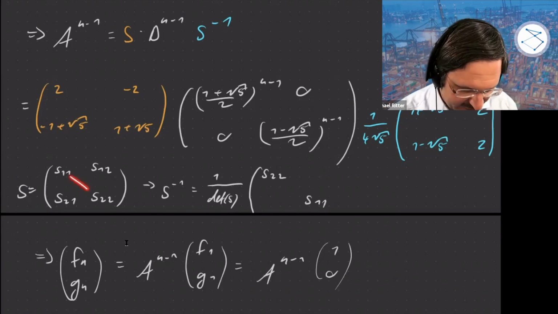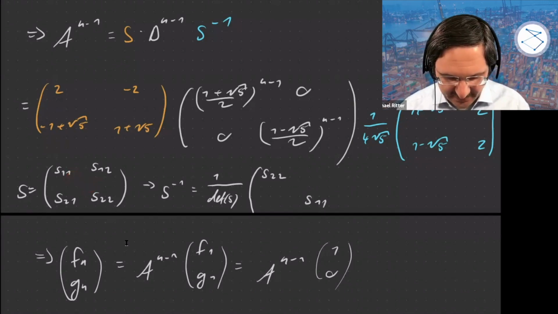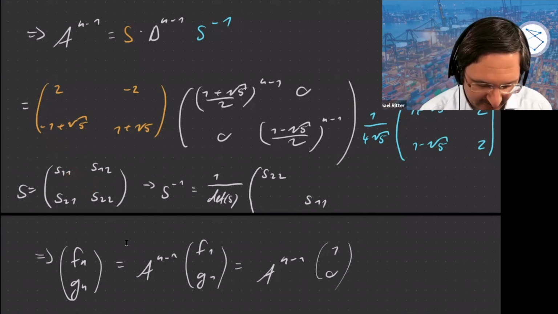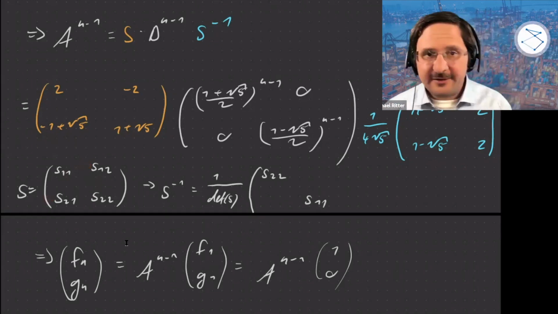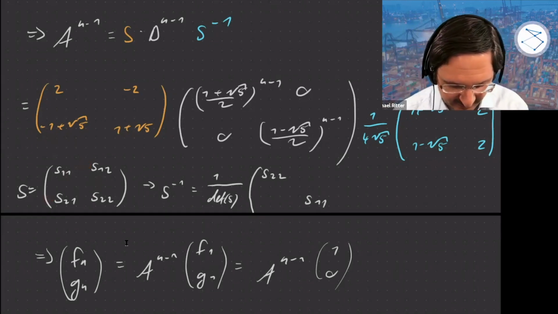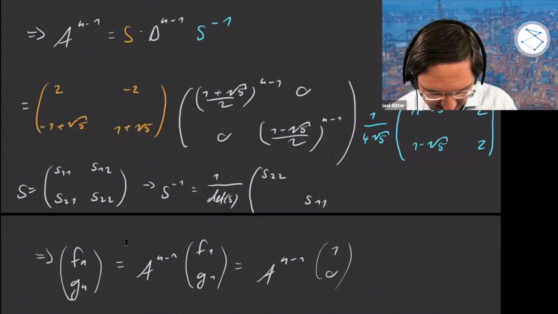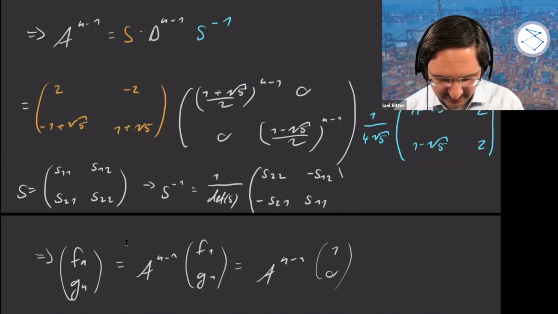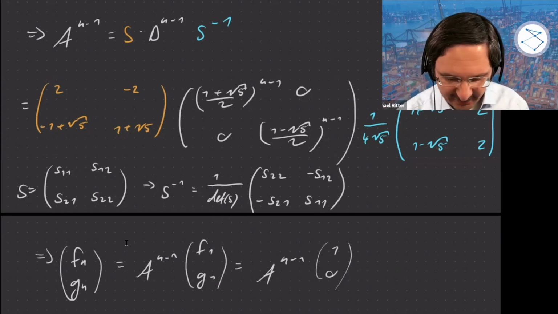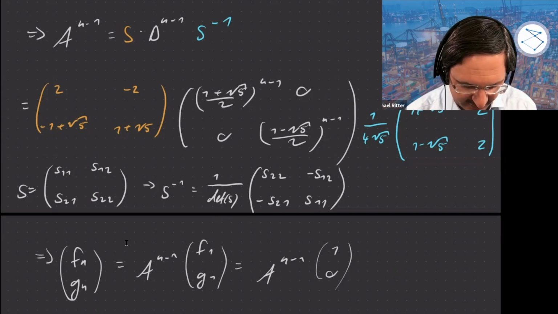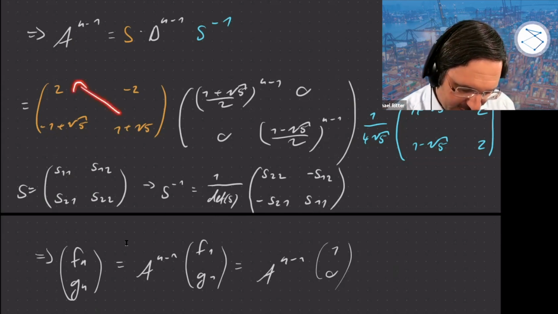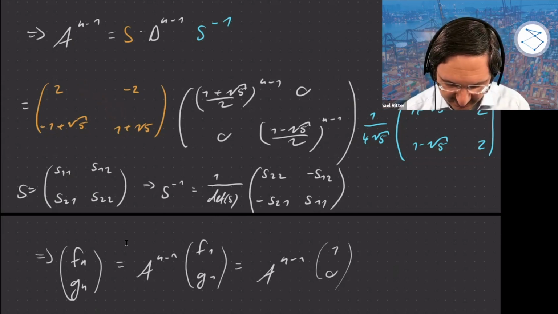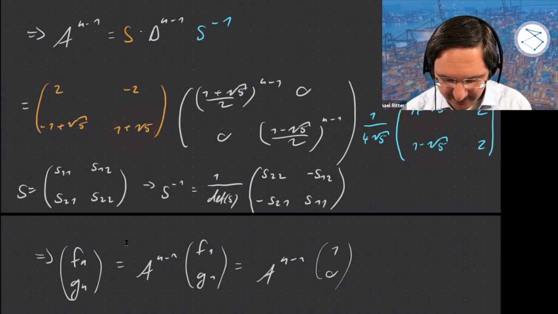And for the off-diagonal elements, I invert their sign, so instead of S12, I write minus S12, and minus S21. And that's exactly what is happening here. I have this matrix here, I switch these two. So here's the 1 plus square root of 5, here's the 2.